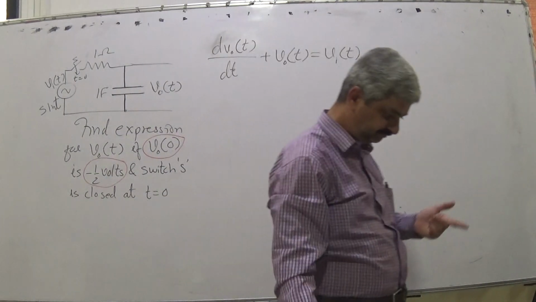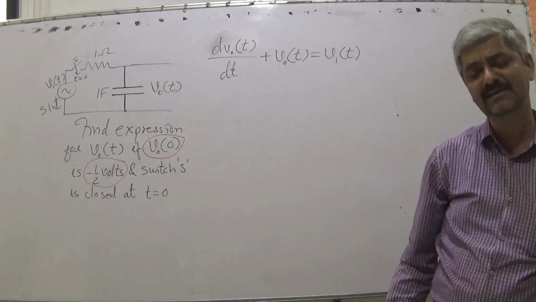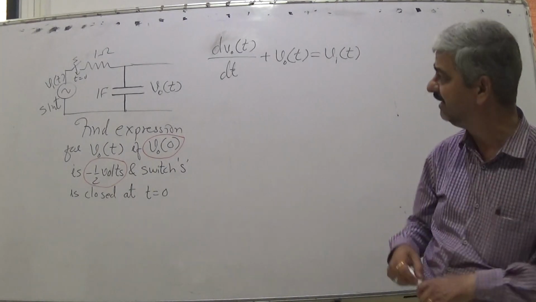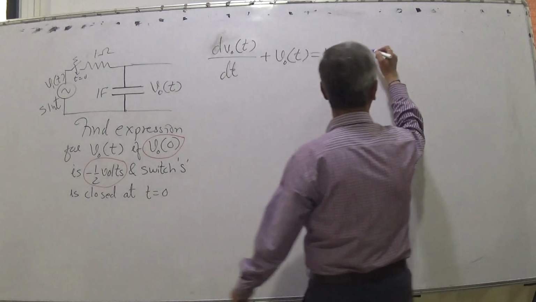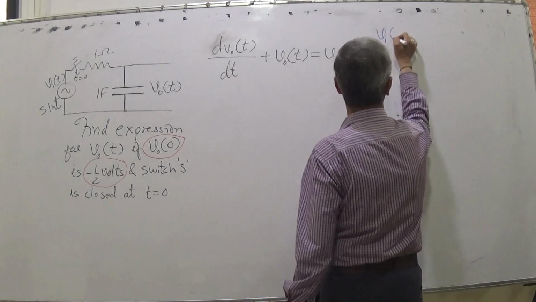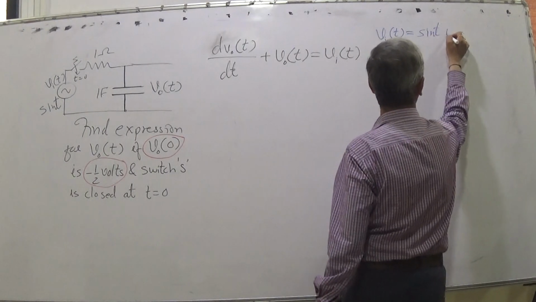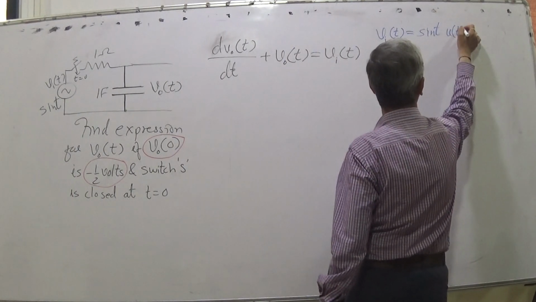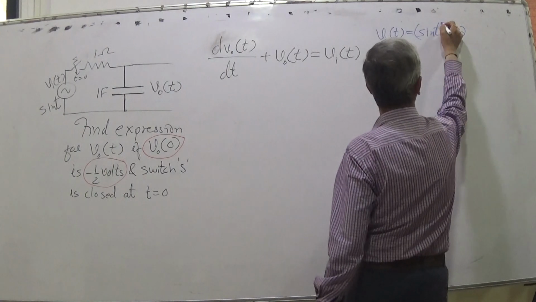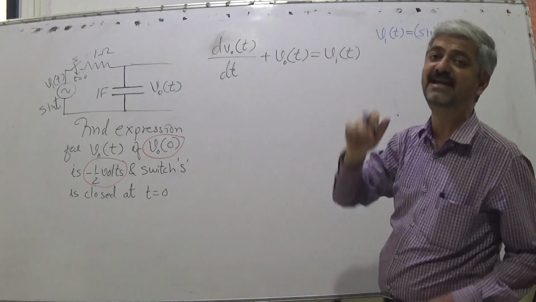Now, what is Vin(t)? Here you are applying Vin(t) as sin t, but you are applying it at t equal to 0, that is sin t u(t).